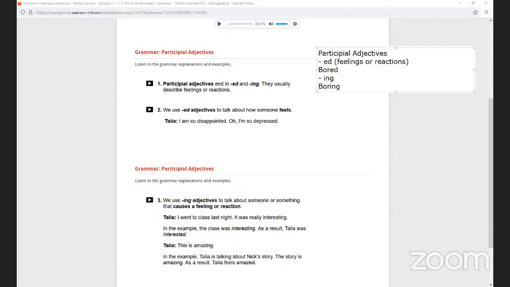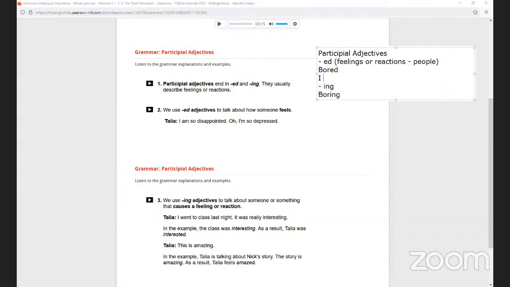And these are going to be used more when we talk about people. Why? Because we describe some feeling of some person or some reaction that is just for a moment, but not always, right?